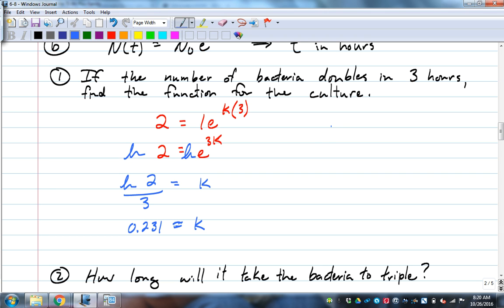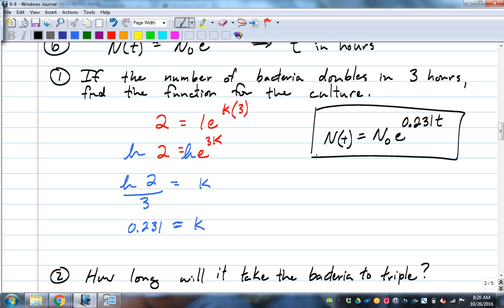Now, n of t equals n sub 0 e to the 0.231 t. So there's our initial function out of that.